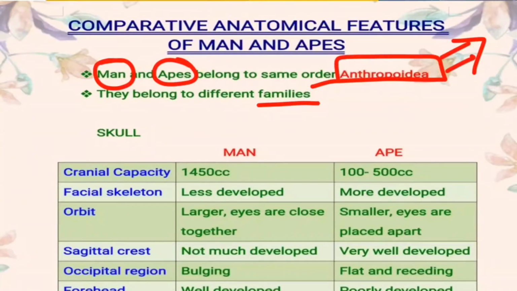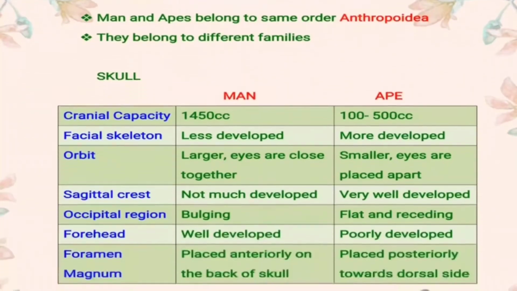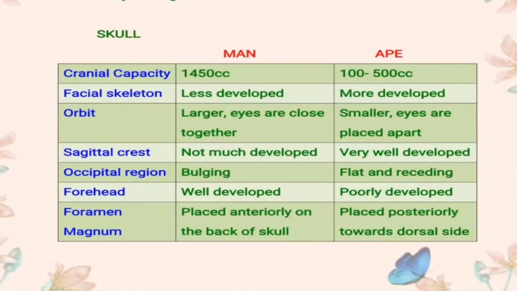Now moving forward towards the anatomical features, let's start with the skull. The cranial capacity of a man is 1450 cc and of the ape is around 100 to 500 cc. So that depicts the cranial capacity of the two and differentiates the same.